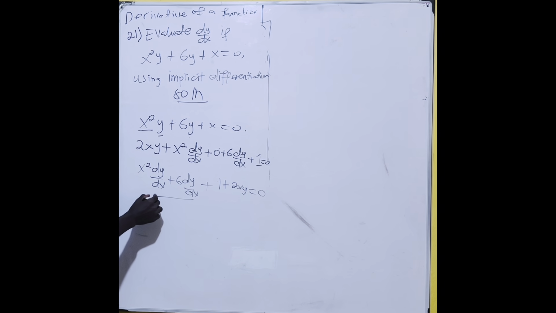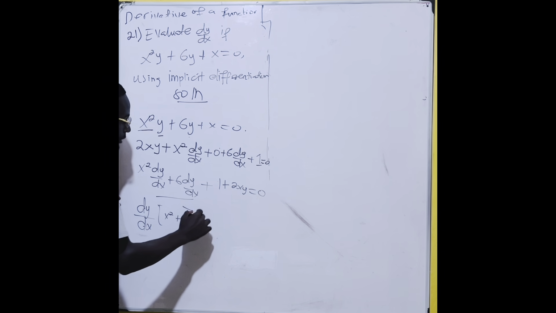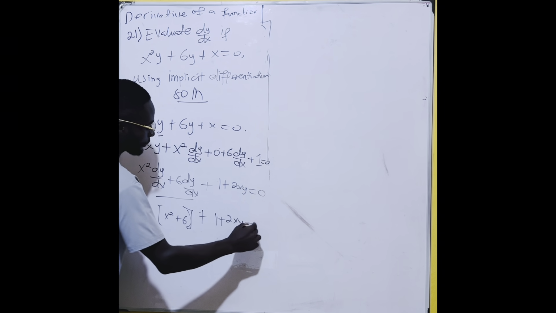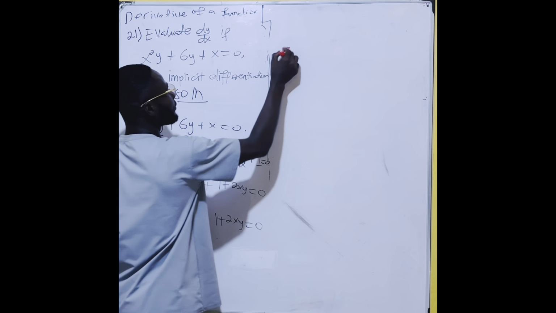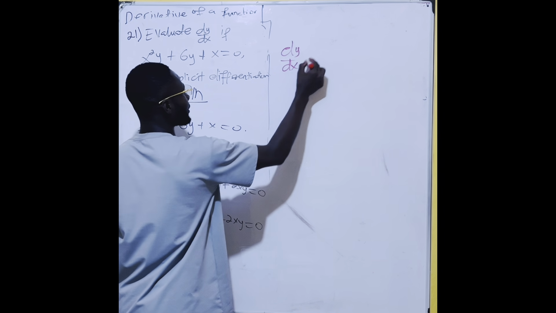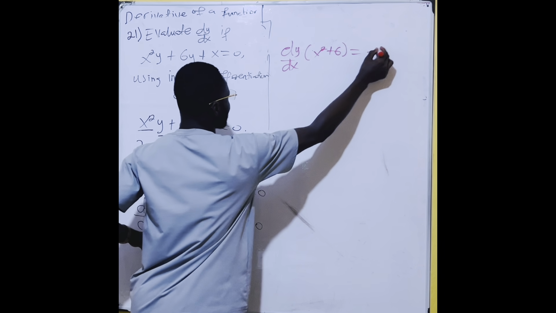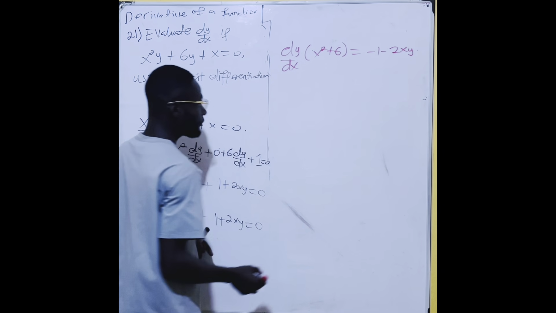So this dy dx is common. So we factor that out into x squared plus 6, plus 1 plus 2xy equals 0. We need this, so we send this to the other side. Then we're going to have dy dx into x squared plus 6 equals negative 1 negative 2xy, right?